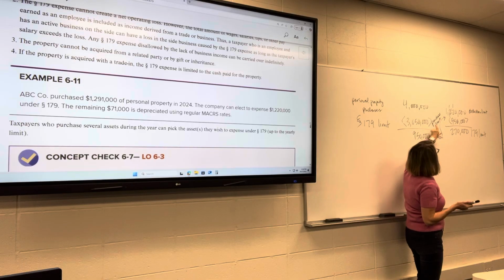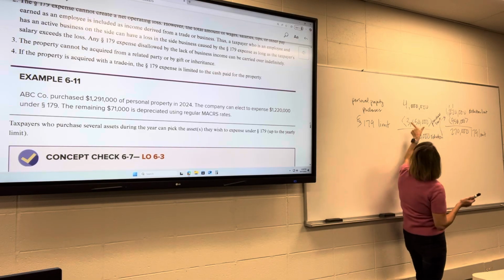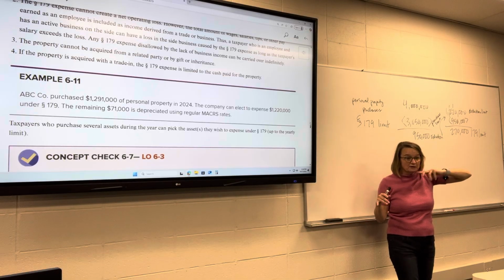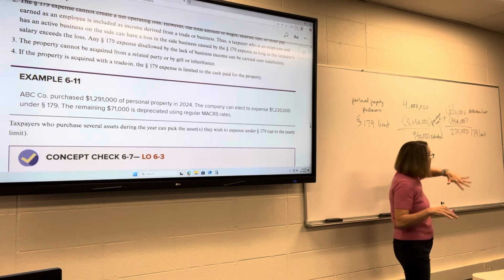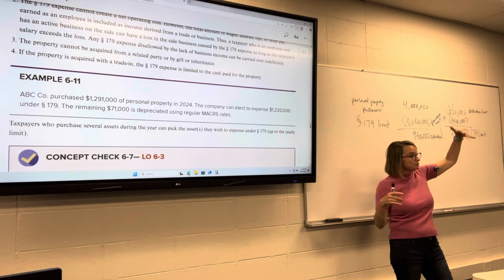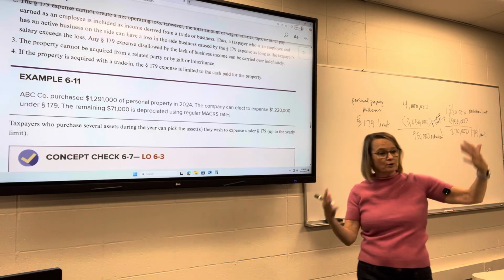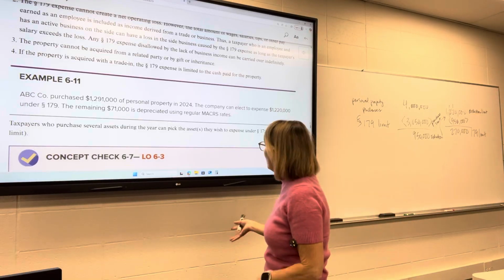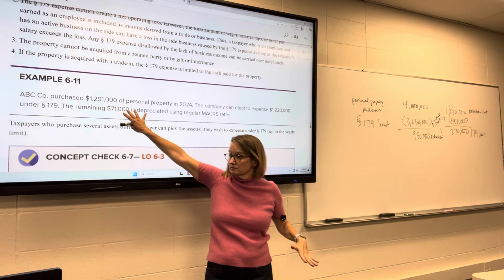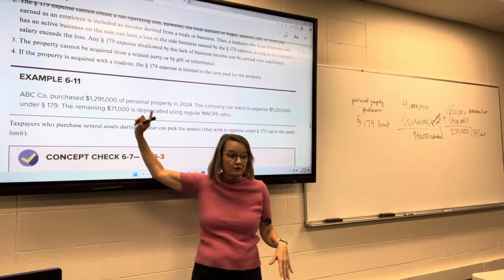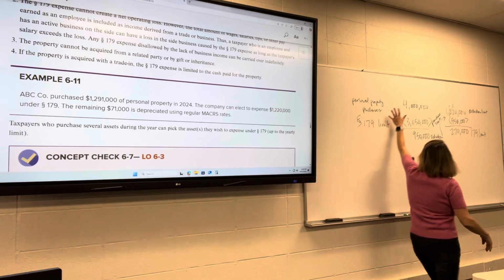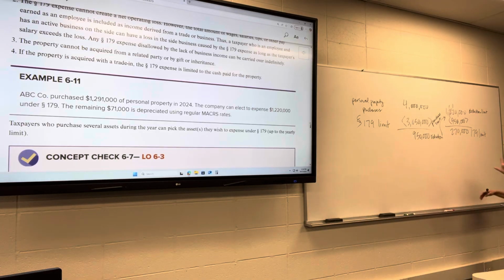You're really only going to do this calculation if the total personal property purchases during the year were over that amount. So the first thing you do is ask, were our total personal property purchases more than $3,050,000? In this case, no, they weren't. It was $1,291,000 of total purchases, so we don't have this limit that we have to take into account.